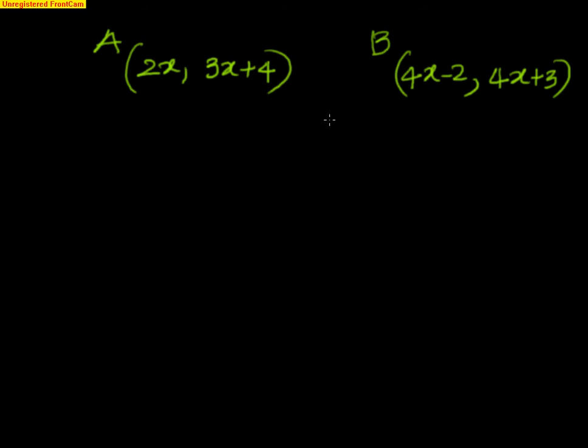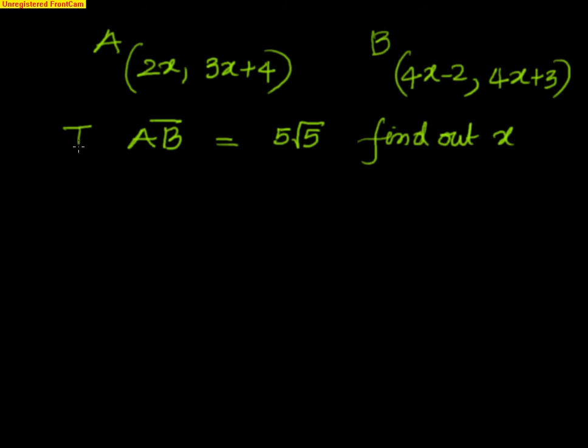If the distance between AB is equal to 5 root 5, find out x. If AB is equal to 5 root 5, find out x.